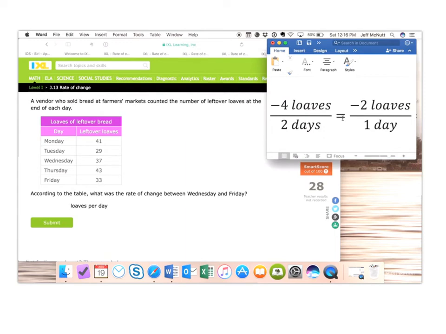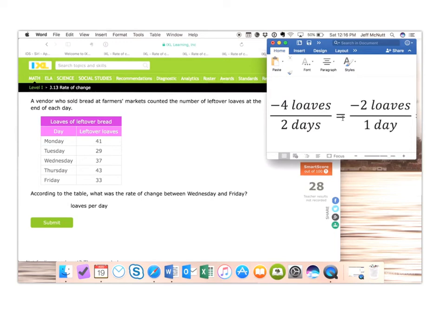When we talk about the rate of change, we're not saying that this is the way it happens every day over the span that we're covering. So we're not saying Wednesday to Thursday it fell 2 loaves and then Thursday to Friday it fell 2 loaves. When we're looking for a rate of change, we're just saying, to get from Wednesday to Friday, at what rate would it have needed to change?